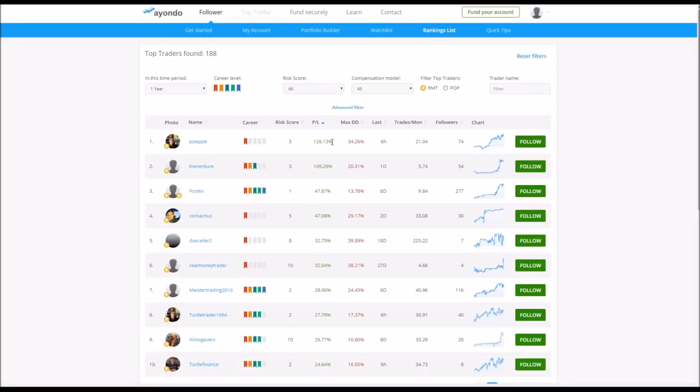But the raw P&L data, how much profit they made or lost, I would suggest isn't the only thing to base your decision on. I think this number here, max DD, is a really important one because it's all well and good making, in this example, more than 100% in a year. But let's say for 10 months of the year, you lost money.